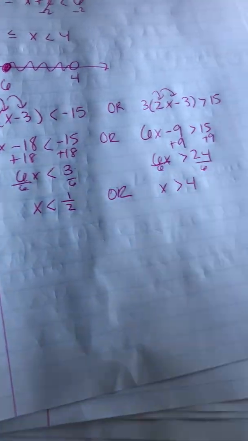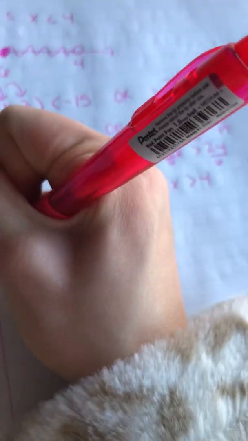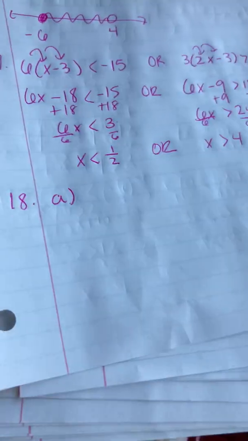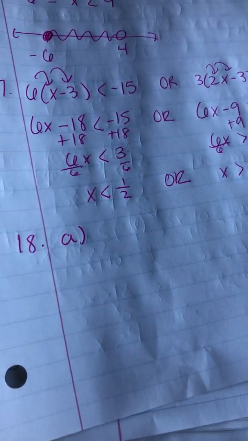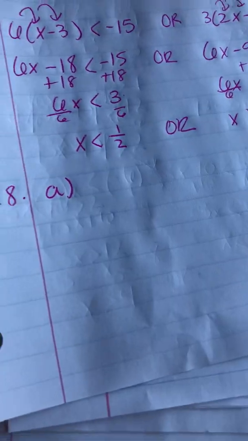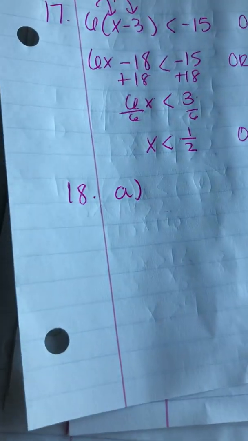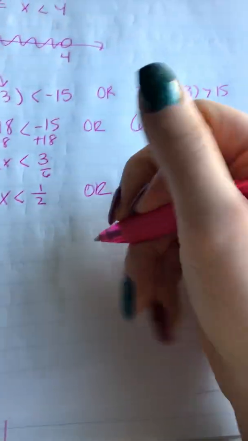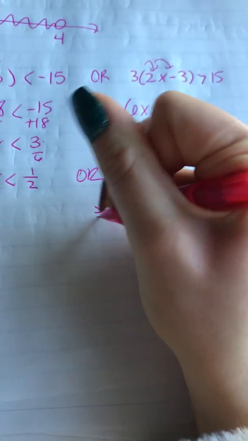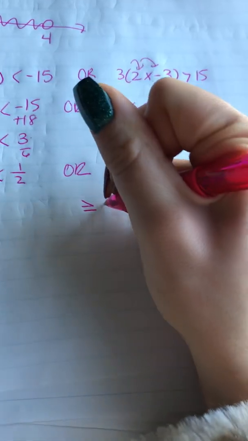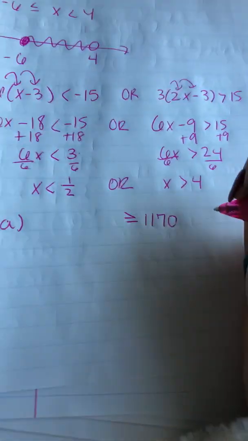So I'm looking at number 18, and we are going to do letter A first. So it says write an inequality to find the number of animals at the shelter for expenses to be at least $1,170 a week. Okay, so if expenses have to be at least $1,170 a week, it has to be greater than or equal to $1,170.